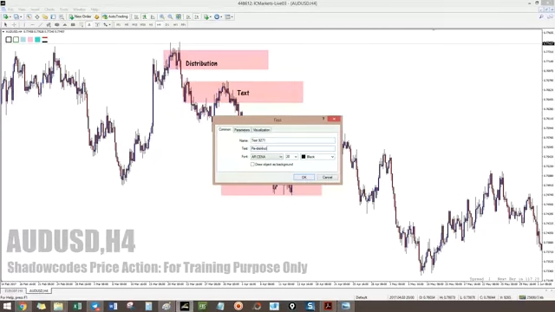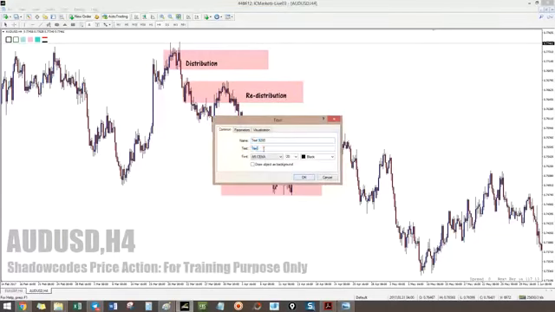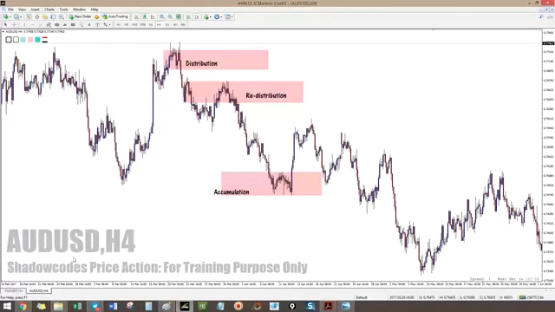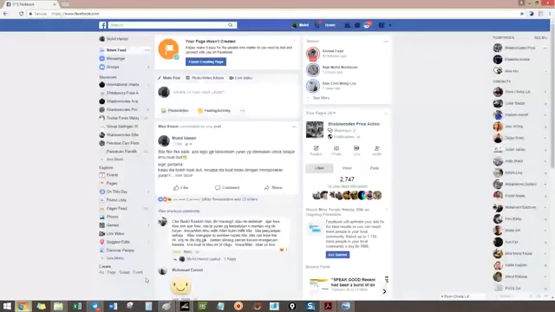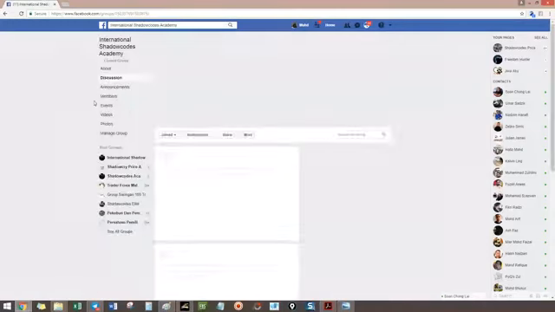Redistribution. Accumulation. Okay, let's see if it's already finished loading. International. What is it?